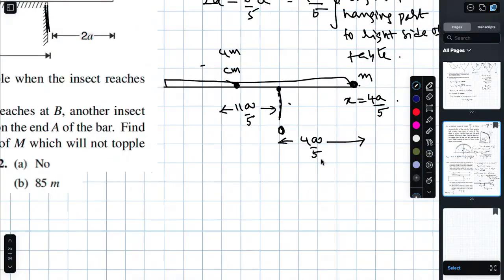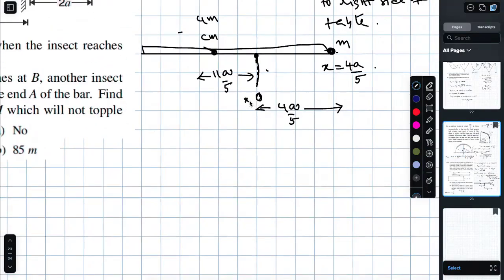Now I am finding XCM, taking this as x equal to 0. Right side I'm taking positive. XCM is m times 4A by 5 plus 4m times minus 11A by 5, divided by the total mass 5m. Why minus 11? Because it is to the left side.